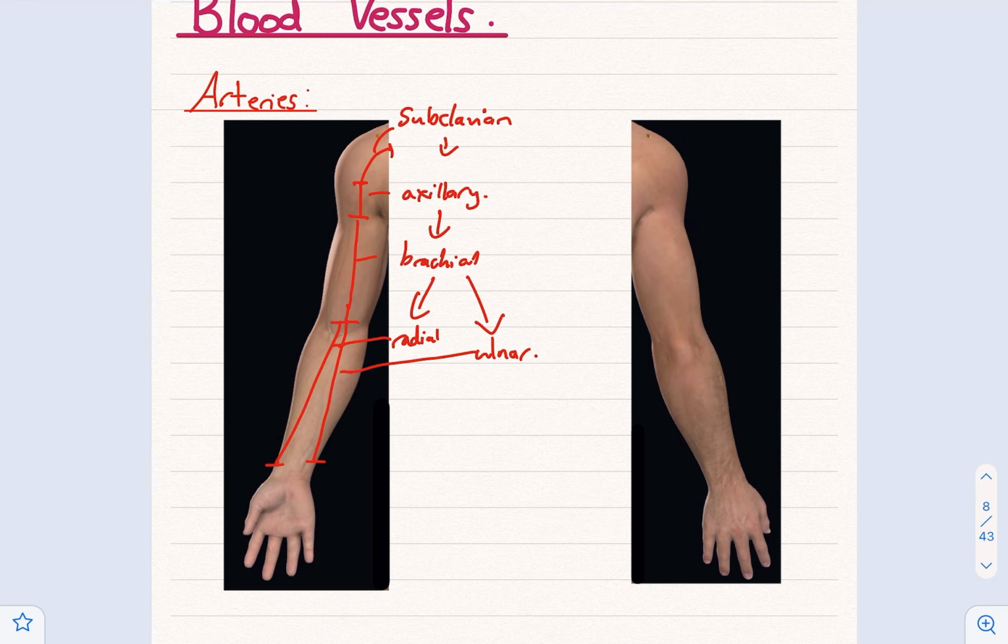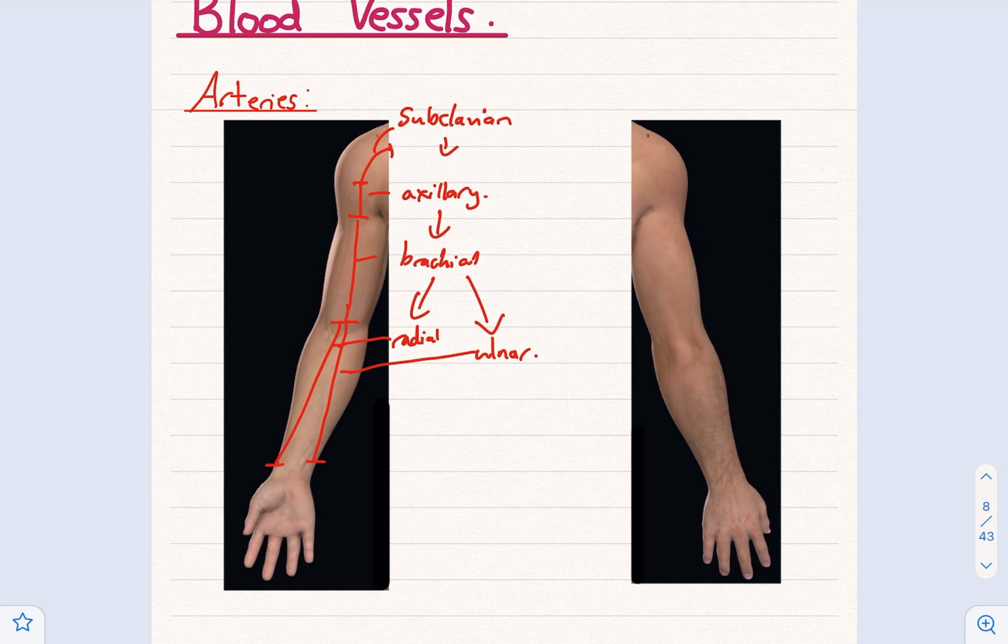But yeah, this is also not a complete picture. This is the main general supply. You will be getting a whole bunch of arteries coming off and doing all kinds of madness. For example, you might get a humeral circumflex artery around the axillary, and that wraps around the humerus bone.